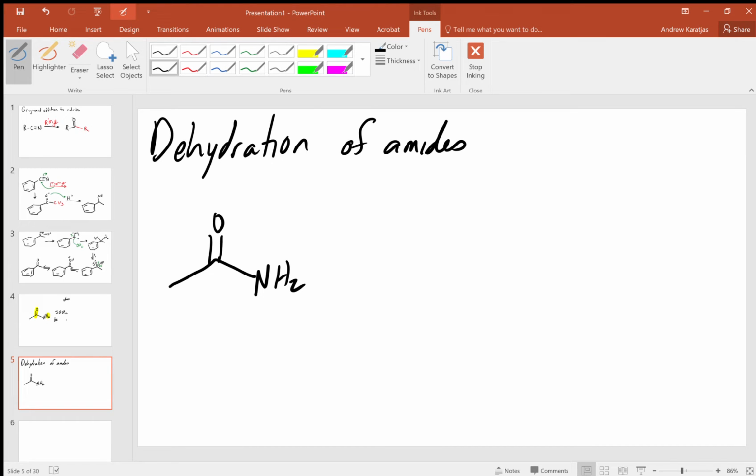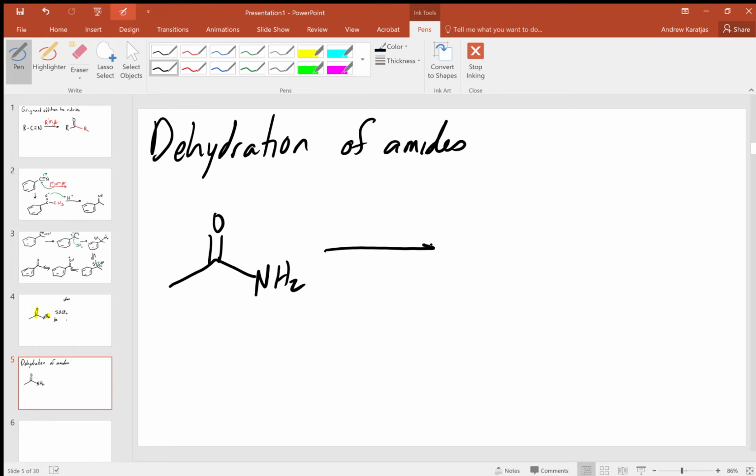It needs to be an NH2 group because, as you'll see during the mechanism of this reaction, we will actually lose these hydrogens during the reaction.